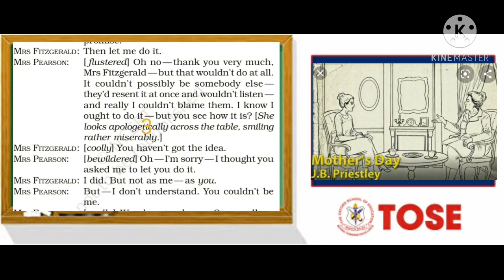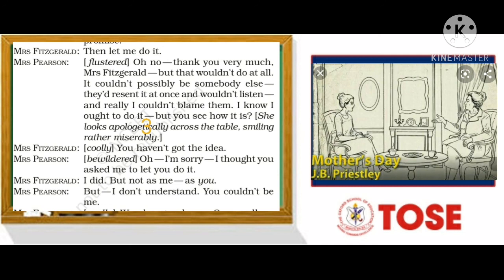Mrs. Fitzgerald, coolly: you haven't got the idea. Mrs. Pearson, bewildered: Oh, I'm sorry, I thought you asked me to let you do it. Mrs. Fitzgerald: Oh, you haven't got the idea.